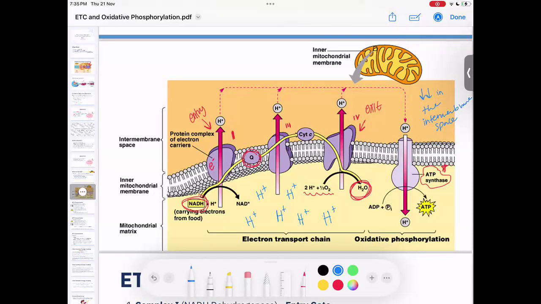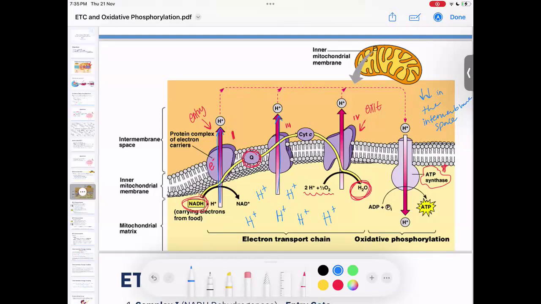This caused the hydrogen protons to move across complex 1, 3, and 4, as you guys can see over here, to go into the intermembrane space. And over time, it's going to be switched. I'm going to start having a buildup of hydrogen protons in the intermembrane space and a lower concentration in the mitochondrial matrix.